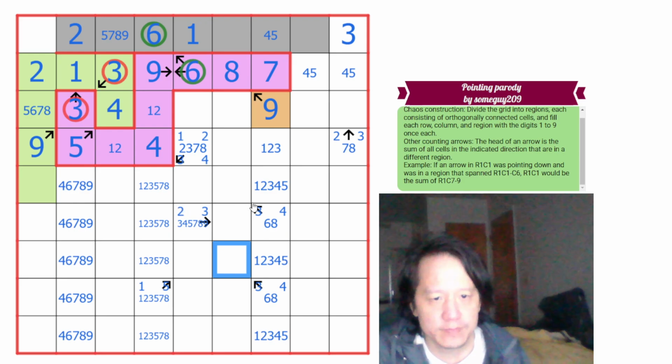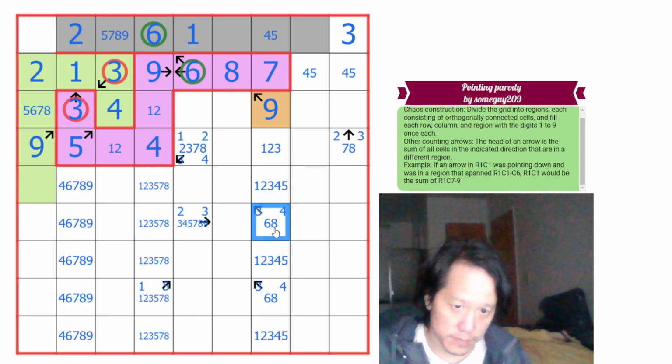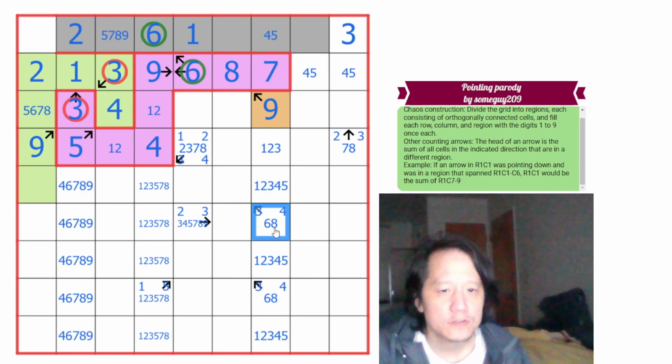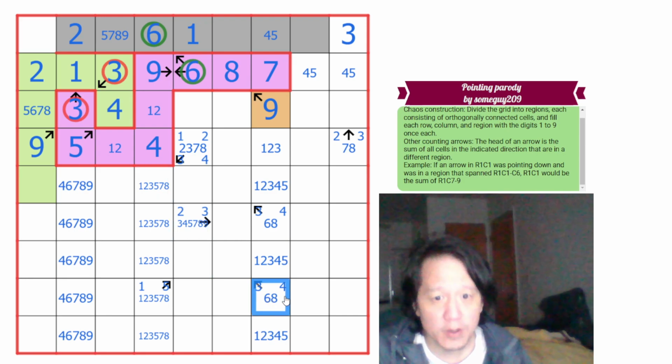Right? Therefore, this only adds 3 or 4. So this must be the same as at least 1 here. This must be the same as at least 2 here, right?